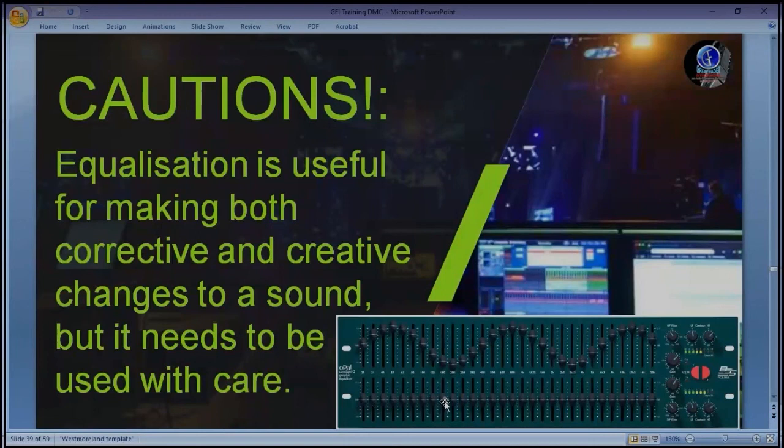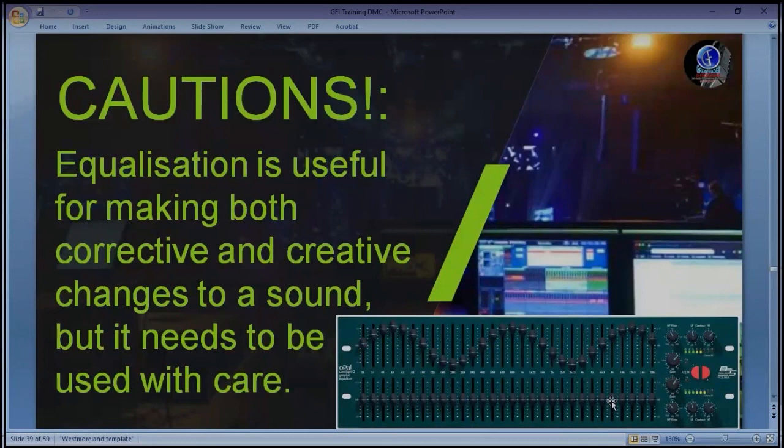If you don't know the frequency range of where the kick is, it is very difficult for you to push any button on this equalizer. If you don't know where the frequency of your cymbal, I'm not talking of hi-hat, crash and cymbal, falls within this range, it will be very difficult for you to use this EQ.